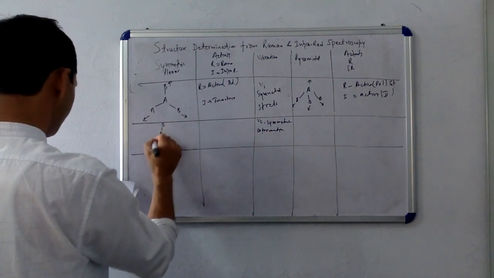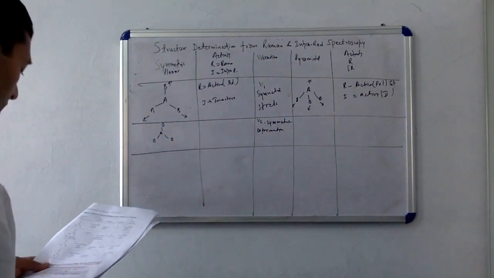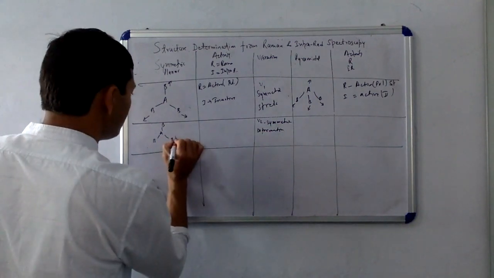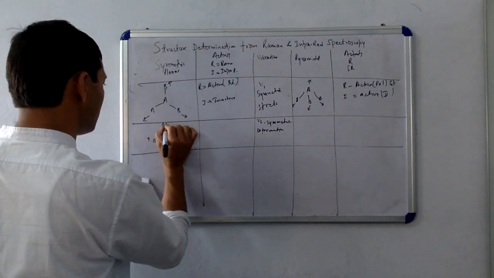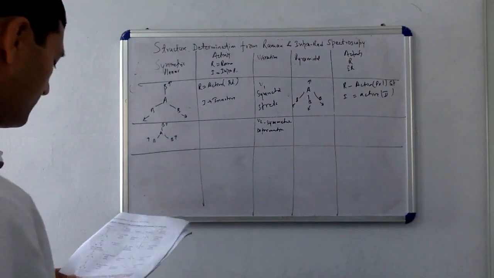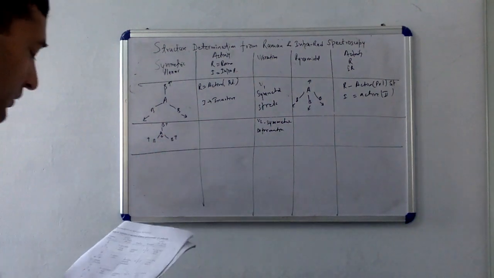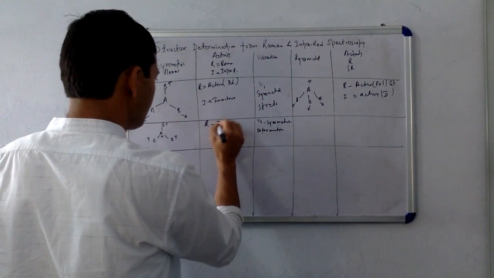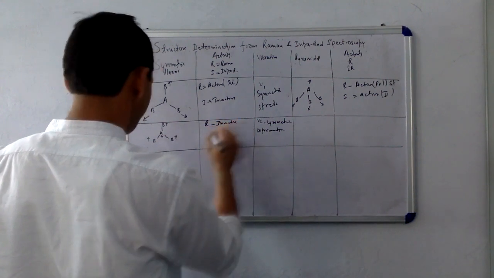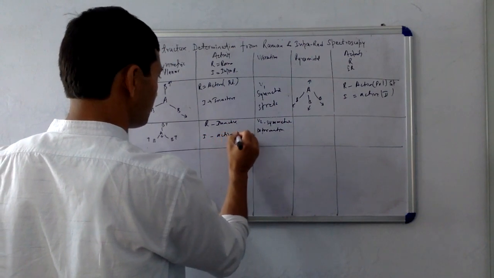This B is moving upwards, this is moving upwards, this is moving upwards, and this A is moving downwards. So Raman is inactive, and IR is active.